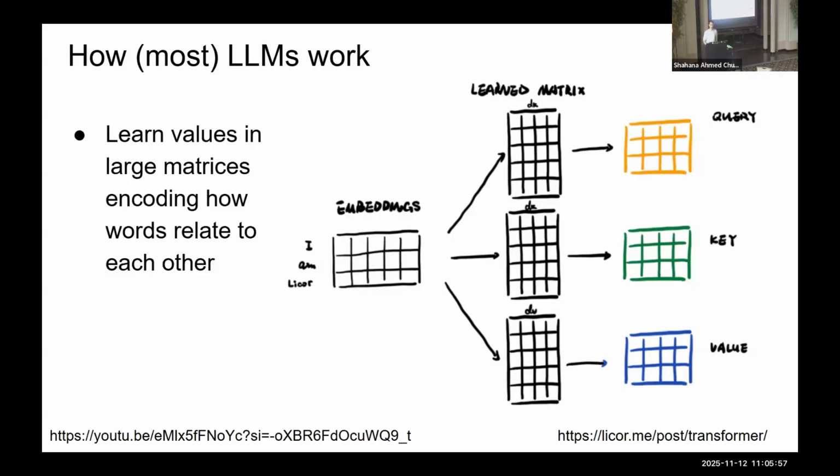The attention mechanism is really just a bunch of matrix multiplications and additions, and you do a lot of this in sequence. These matrices are numerical values that we are going to try to learn. It's those numerical values that tell us how we can use the words to relate to each other and refine our understanding of these words in the context of a sentence.